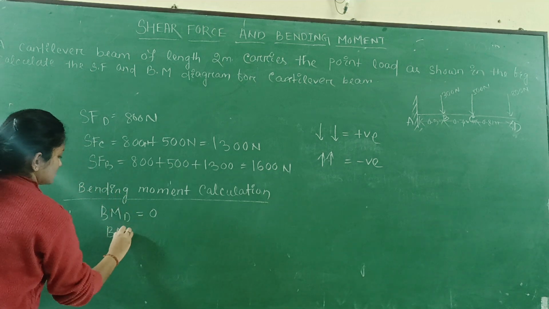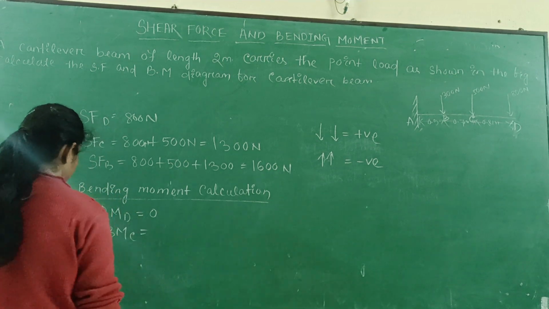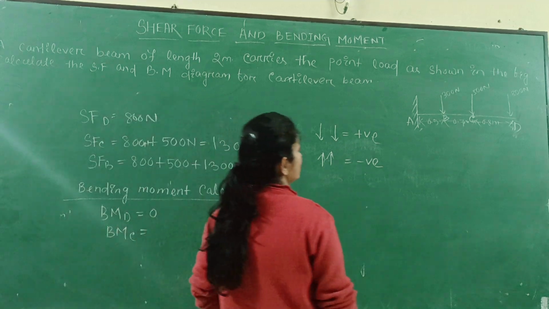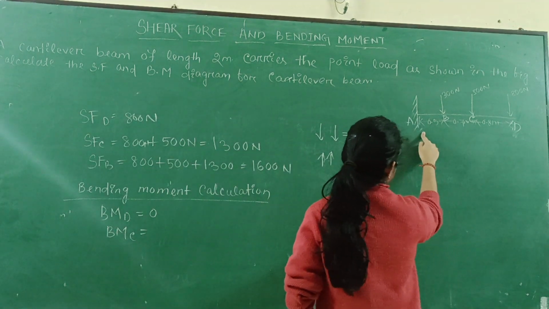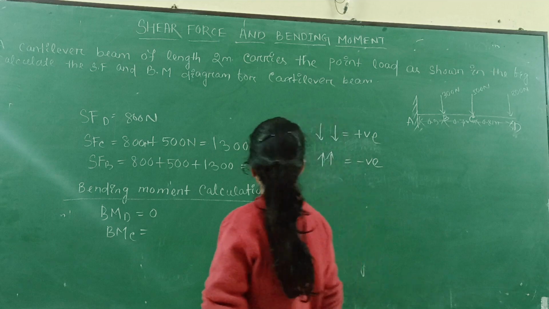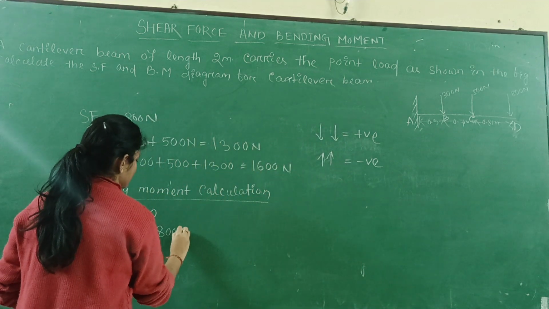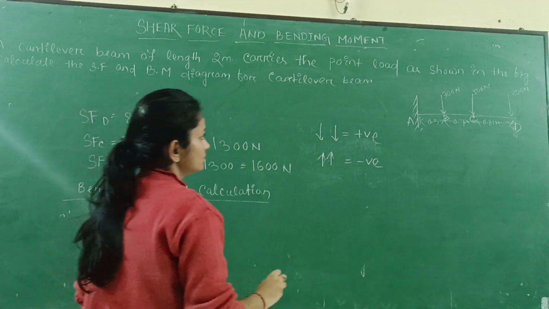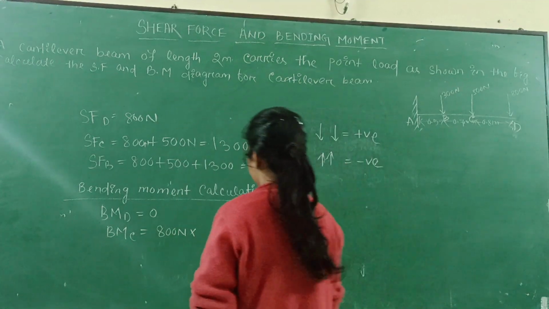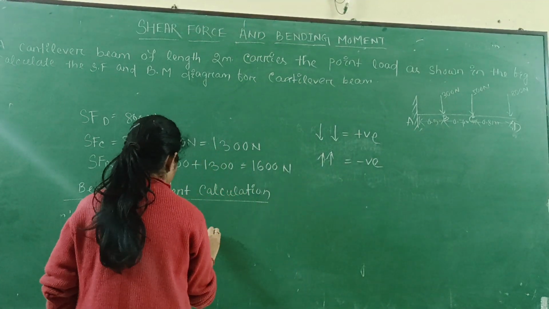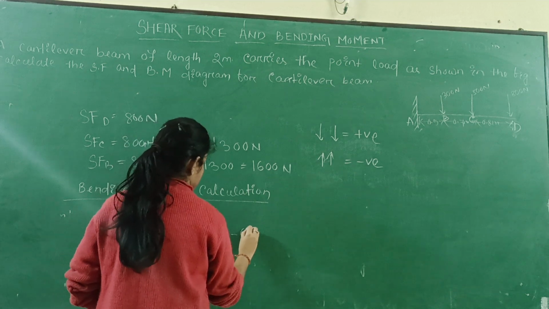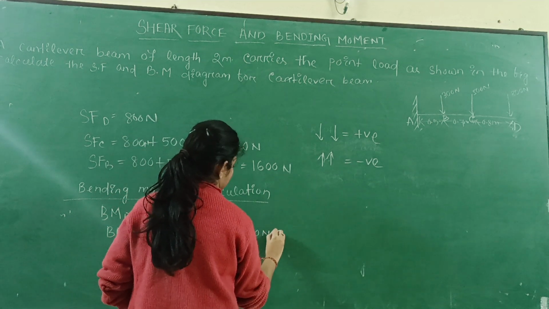Bending moment at C is equal to 800 into 0.8. 800 Newton into 0.8, that is minus 640 Newton meter.